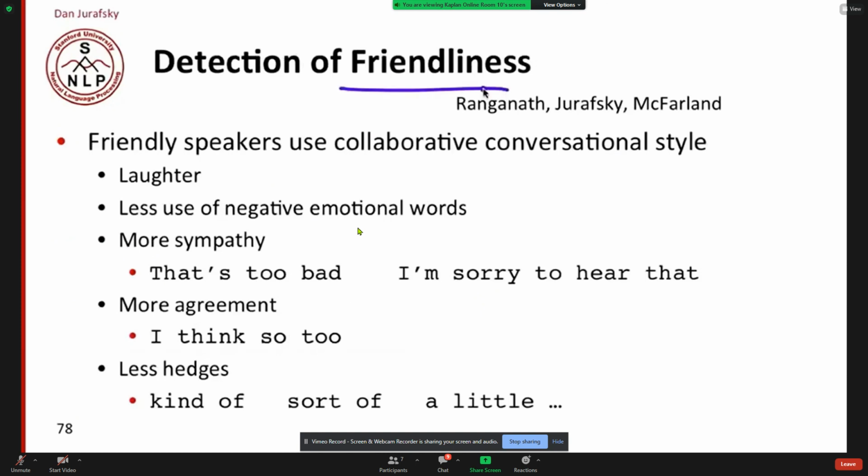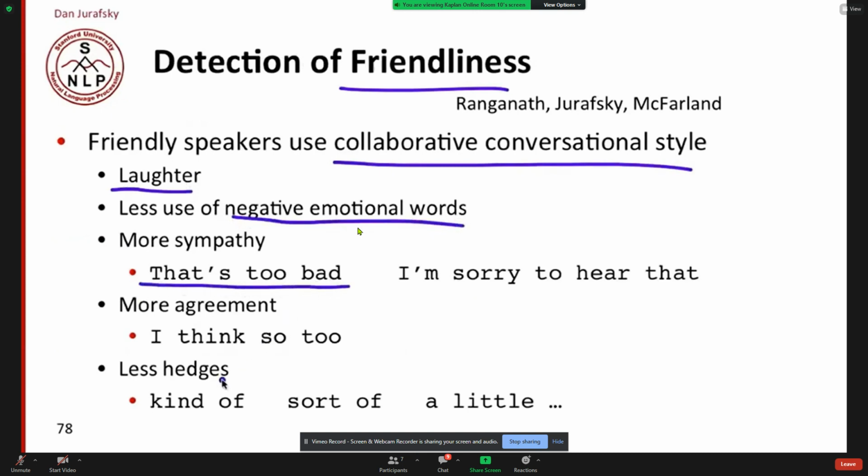We'll just show you one of them, which is a task we've worked on here at Stanford, which is detection of friendliness. Friendly speakers, it turns out, use a collaborative conversational style. So we built classifiers that look at features like how often someone laughs, or how often they use negative emotional words, or how frequently they use phrases like "that's too bad" that indicate sympathy, or agreement, "I think so too."